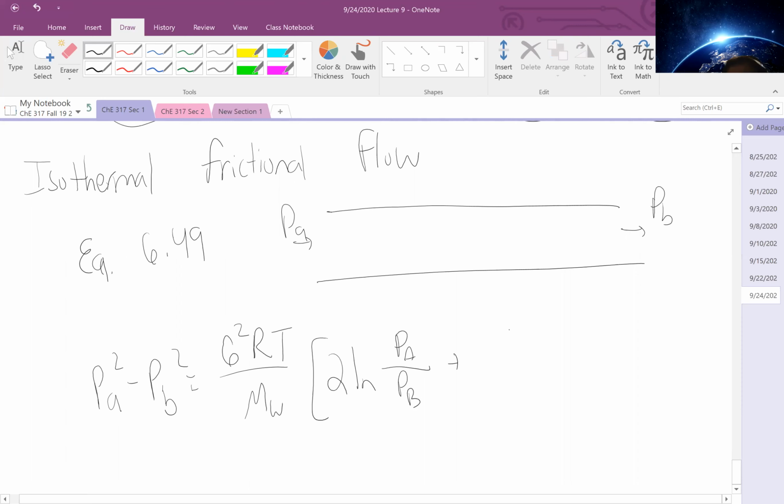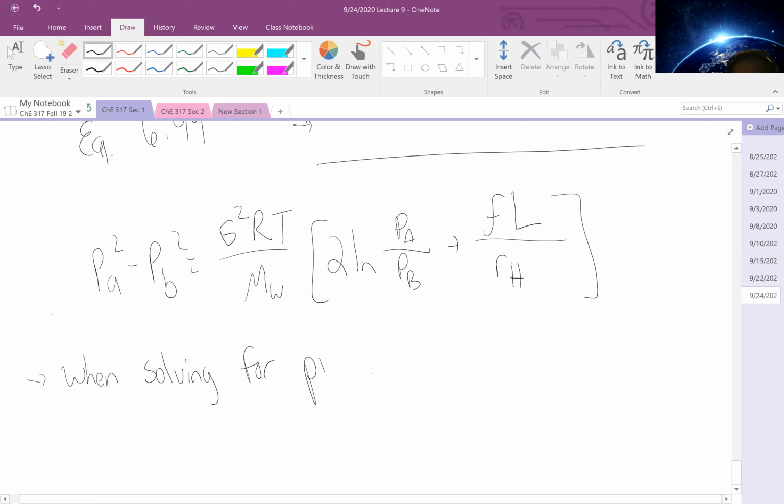And so the big thing you have to consider with this is when solving for pressure drop, it requires an iterative process.